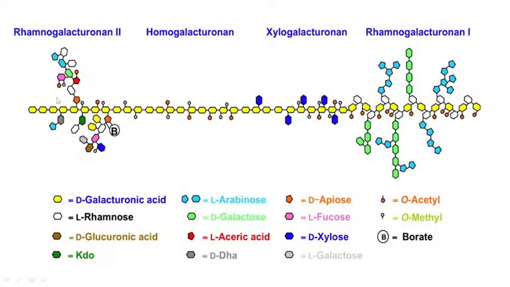The red one is the L-aceric acid. These are the apiose. This small one will be the O-acetyl, the green color will be the O-methyl, and this is the borate. This one is L-galactose. This is the structure we can see.